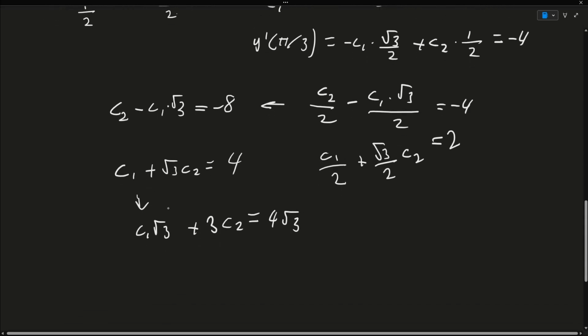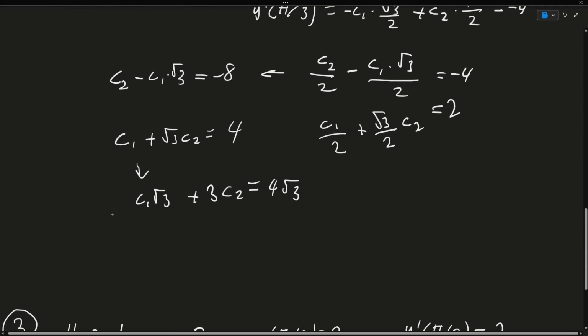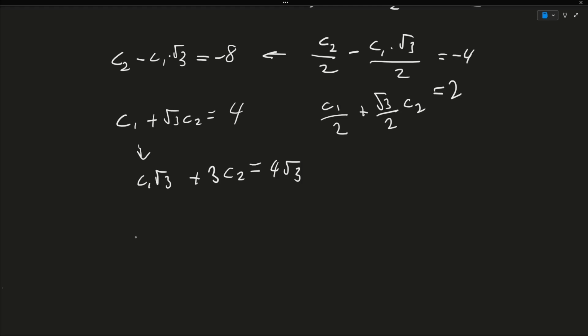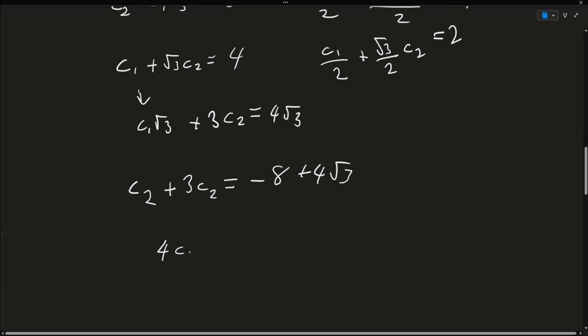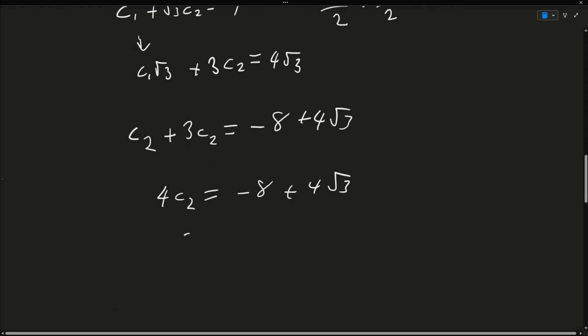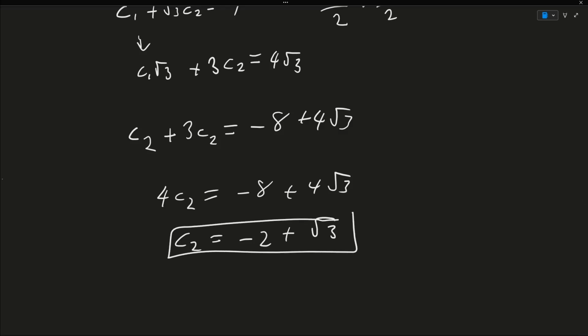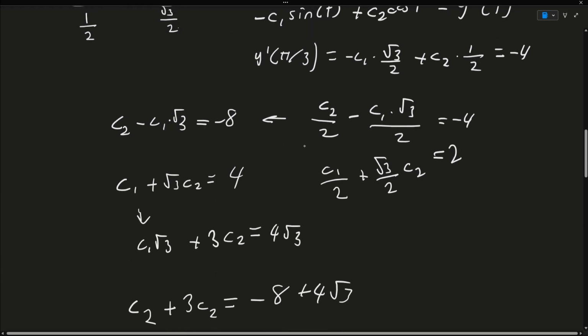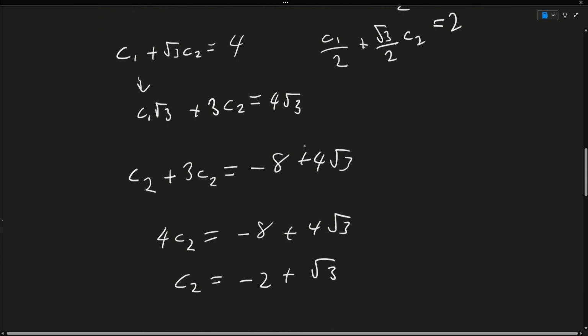And now we can add this equation to the first equation because we have this c1 root 3 term. This will cancel out. So when we add these, we will have c2 plus 3c2 equals negative 8 plus 4 root 3. So 4c2 is going to be negative 8 plus 4 root 3, so c2 will be negative 2 plus root 3. And c1, from any of the equations, now you are able to find what c1 is.